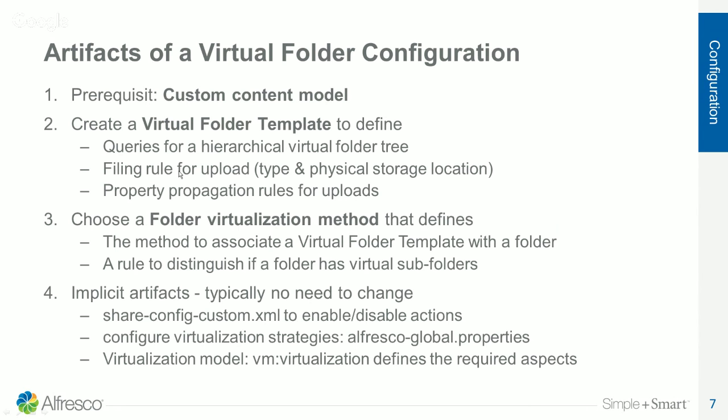If you want to upload a document to such a virtual folder, in a filing rule you will define the physical storage location and the type of the object, as well as aspects that are attached on creation, and the value and propagation or inheritance rules for the property values.